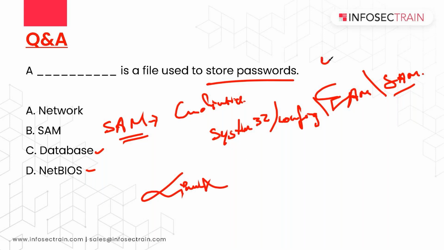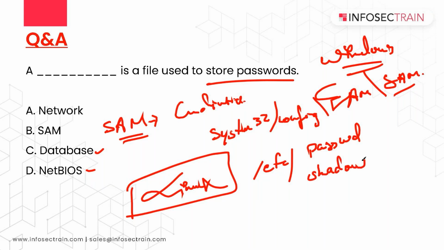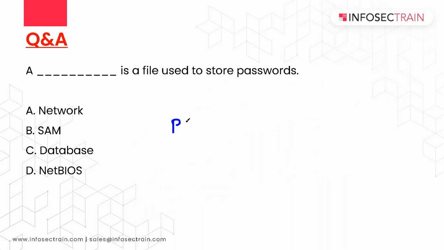Here it was talking about Windows. So in Linux we have the etc directory, and inside that we have two files: passwd and shadow. So there we have two types of files, your password file and your shadow file.